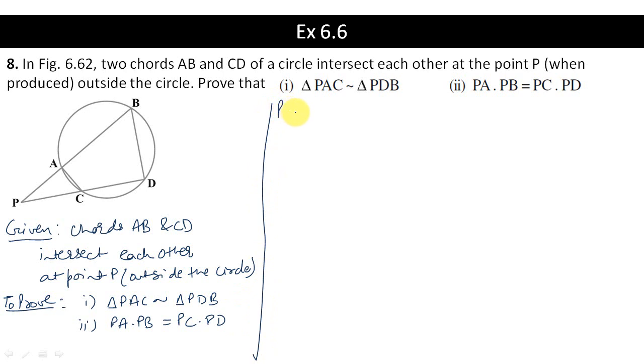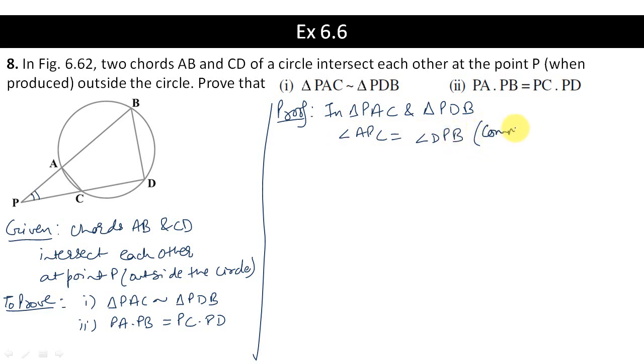So in order to prove these two triangles similar, in triangle PAC and triangle PDB, this angle is common in both the triangles. So angle APC is equal to angle DPB.